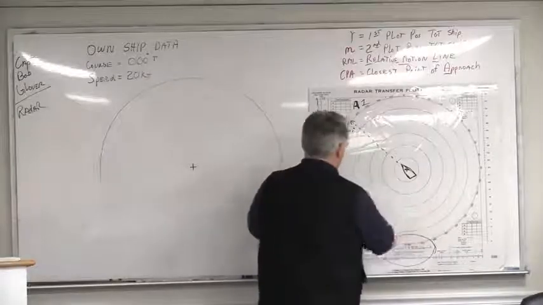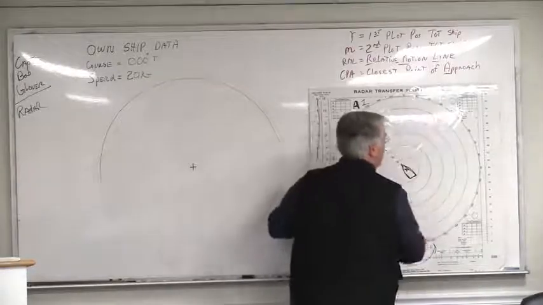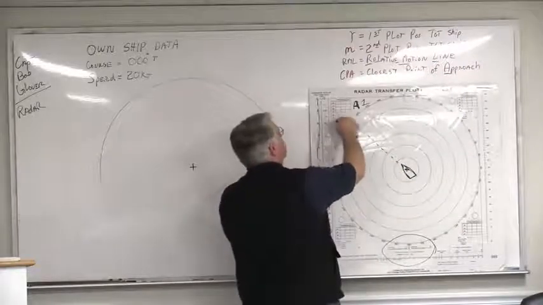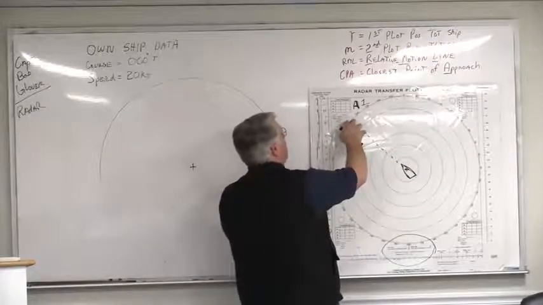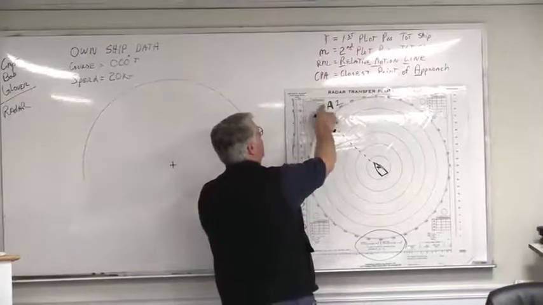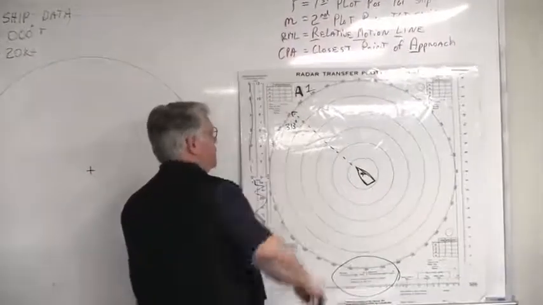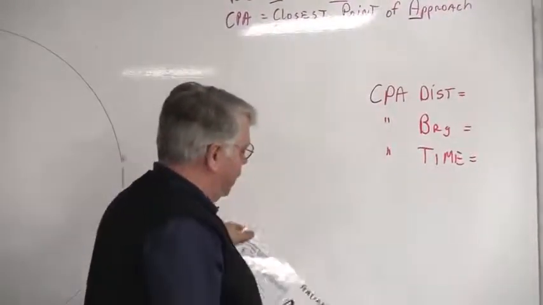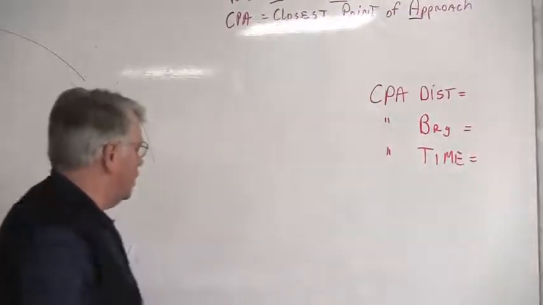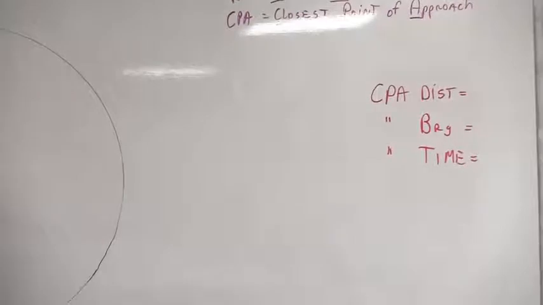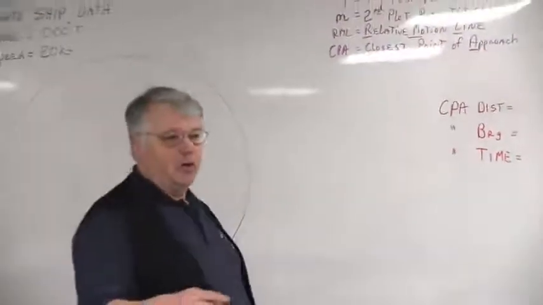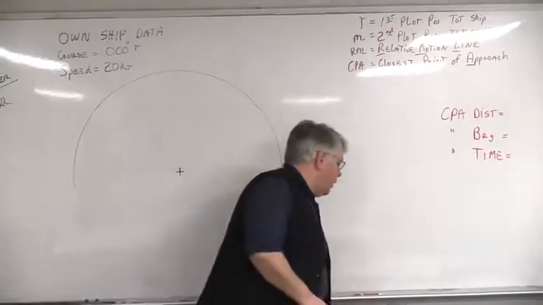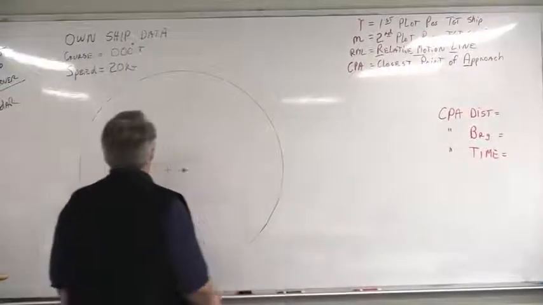We also have 4 corner boxes of information on the plotting sheet where we can keep track of our CPA distance, bearing, and time, and write down the plotting information as we take plots. That is there for our use, and we'll be using these full-scale radar transfer plotting sheets because that's what you'd be using in the real world. So we gave those to you, and that's set.